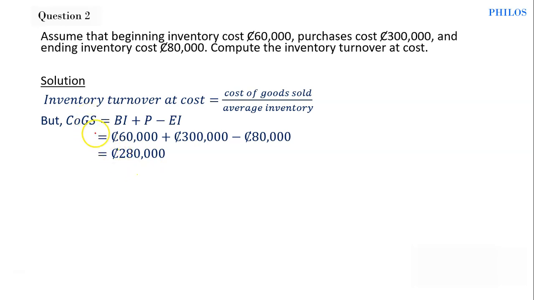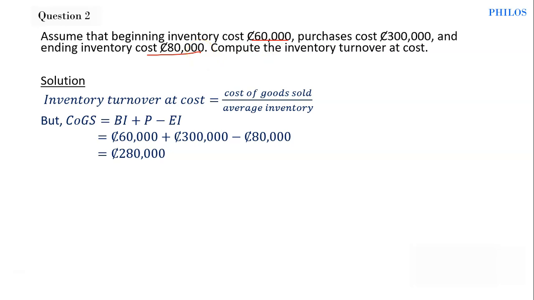Okay. So after getting the cost of goods sold, find the average inventory. Now, when you look at this, we have beginning inventory 1 and then we have ending inventory 2. So in this question, we only have 2 inventories, beginning and ending. Now, because we have only beginning and ending, it means it's an annual inventory that's taken.